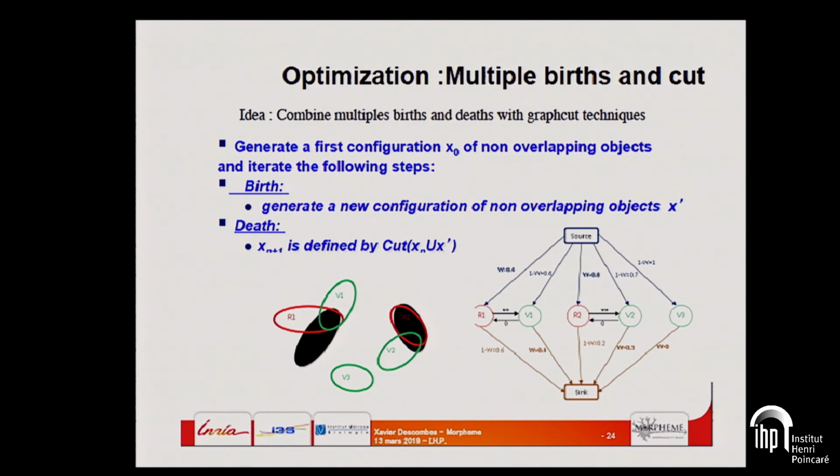So we replace the death step by a GraphCut algorithm. The idea is that we put a random variable 0 or 1 on each object. If it's 0, we kill it, and if it's 1, we keep it. Then you have a binary field, and we can use the usual GraphCut.